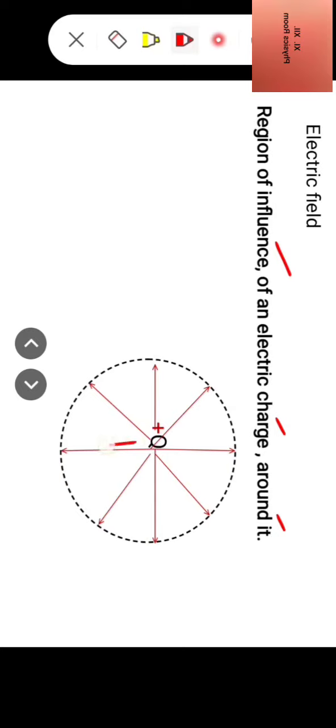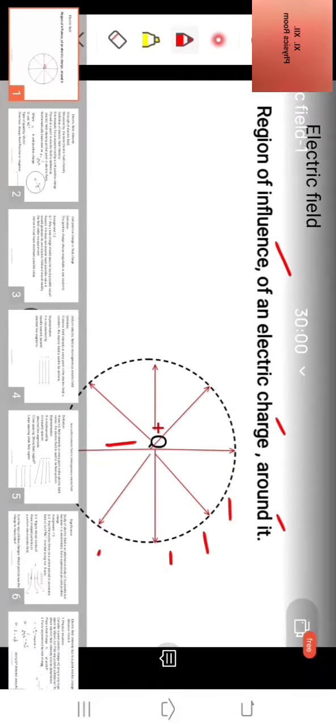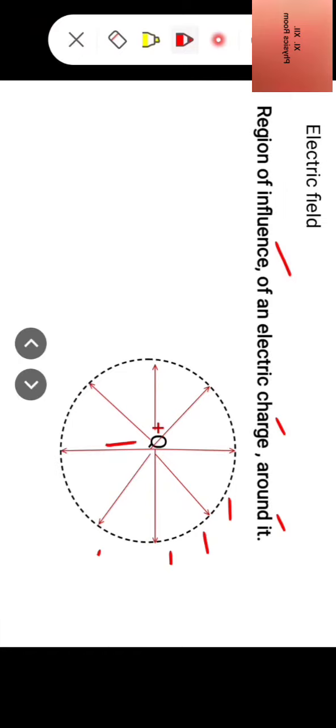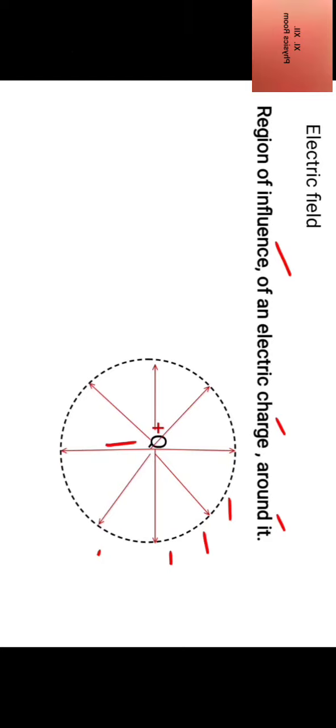Here is plus Q, positive charge Q, and these dotted lines show the field region around it. So this is the region of influence of an electric charge around it, defined as electric field.